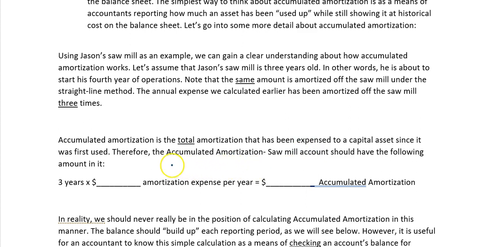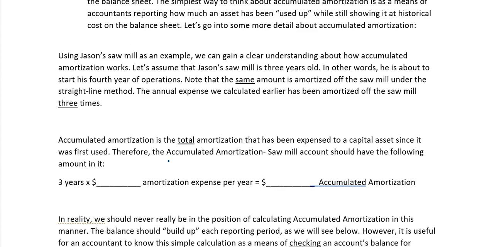This is the proper way to distinguish accumulated amortization between different assets. So I put down accumulated amortization, and I put a small line, a dash, and I put, say, sawmill.